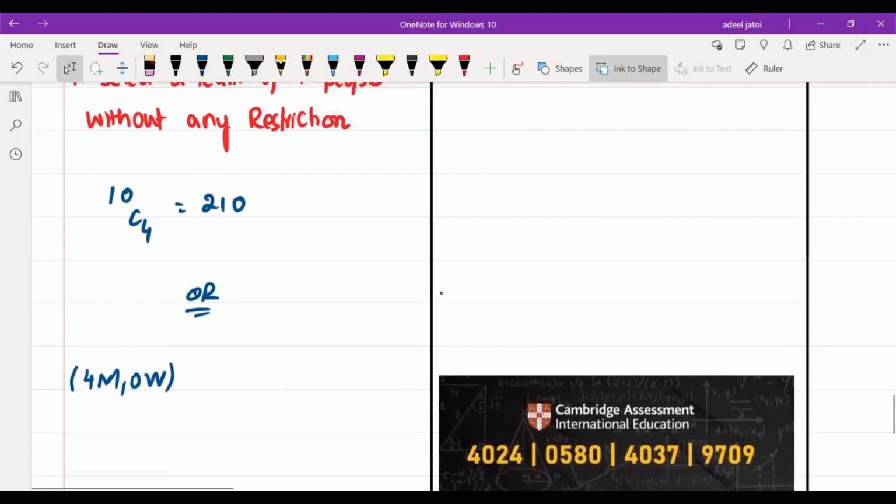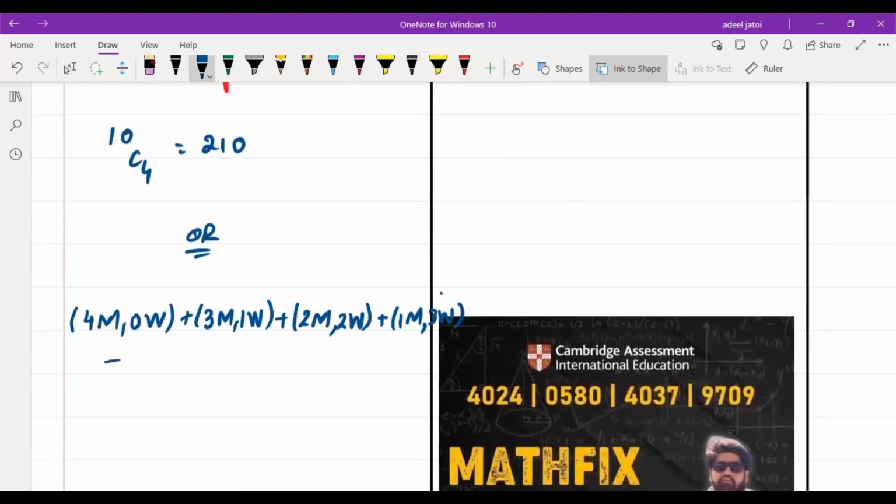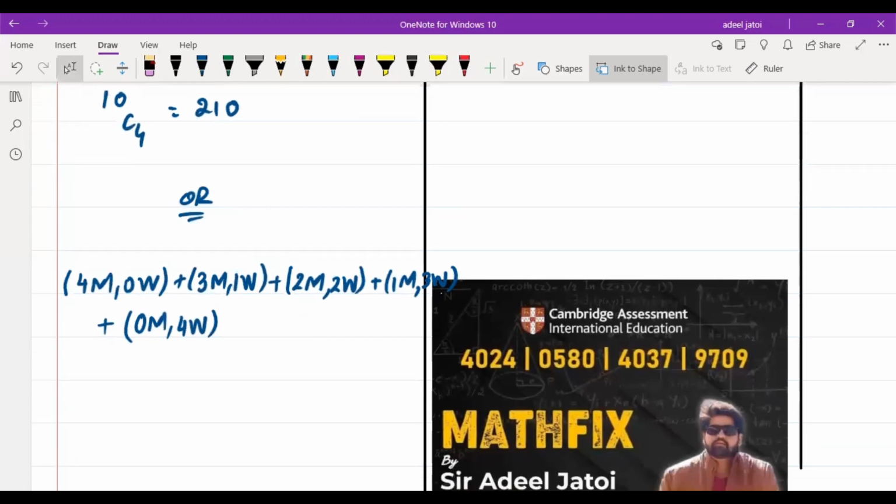So we might end up having 4 men, or we can have 3 men and 1 woman, or 2 men and 2 women. We can have 1 man and 3 women, or 0 men and 4 women. So that means we have 5 different options here: 4 men 0 women, 3 men 1 woman, 2 men 2 women, 1 man 3 women, 0 men 4 women.